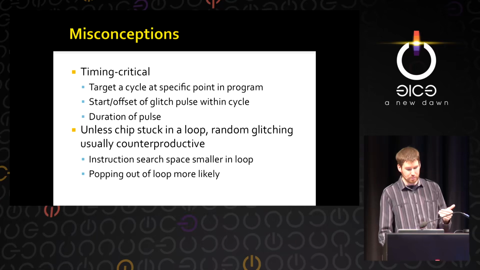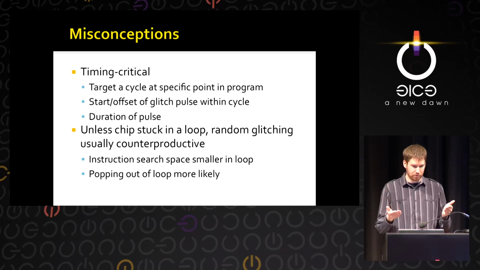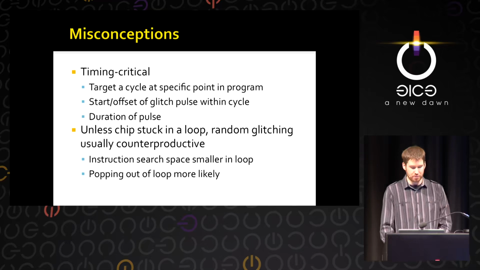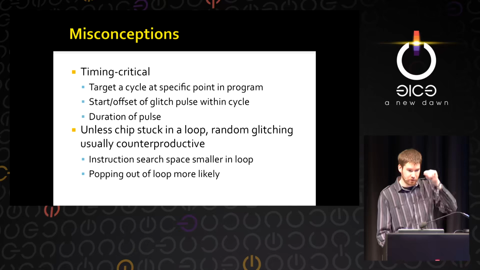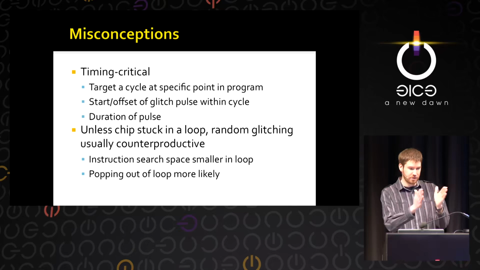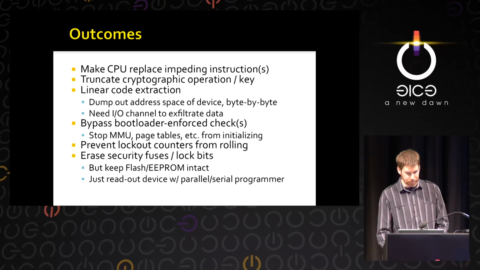And finally, unless the chip is stuck in a loop, just randomly glitching with random voltages or the clock at certain offsets randomly is usually going to be counterproductive unless the device is stuck in a tight loop with a few instructions. Then obviously the search space that your glitch has to hit is very constrained, it's very small, and it's more likely you can pop out of the loop.